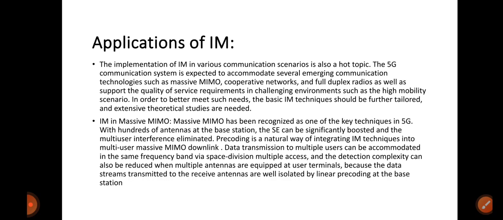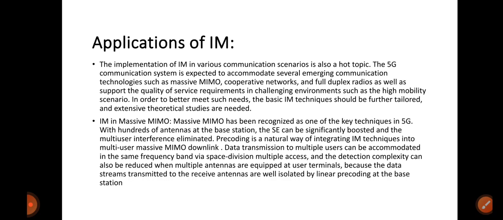IM in massive MIMO. Massive MIMO has been recognized as one of the key techniques in 5G. With hundreds of antennas at the base station, the SE can be significantly boosted and the multi-user interference eliminated. Pre-coding is a natural way of integrating IM techniques into a multi-user massive MIMO downlink.